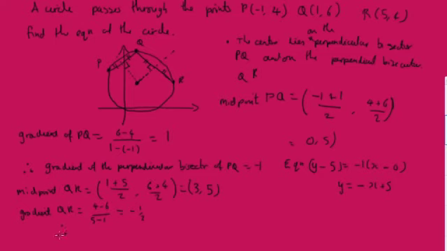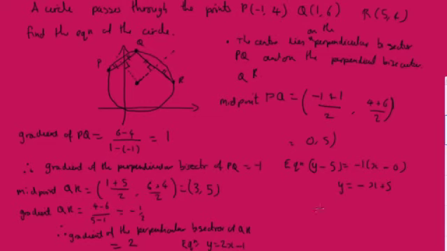Therefore, the gradient of the perpendicular bisector of QR must be equal to 2, and the equation of this bisector, using the same general formula, you'll end up with y equals 2x minus 1.